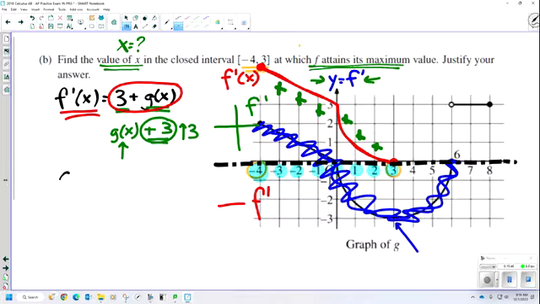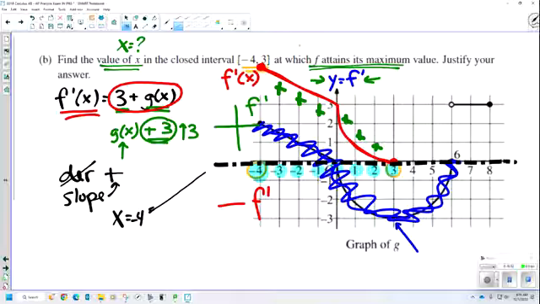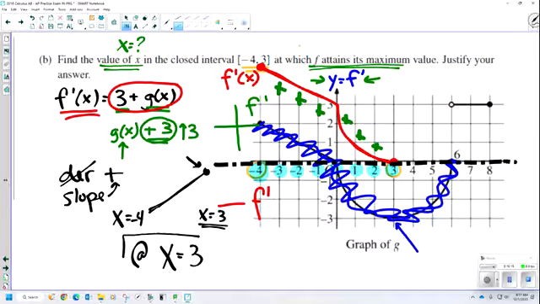If my derivative is positive, that means my slope is positive. That means if I start at x equals -4 and I constantly have a positive slope until x equals 3, the maximum is going to be at x equals 3. So that's going to happen at x equals 3. And that, my friends, is our answer.